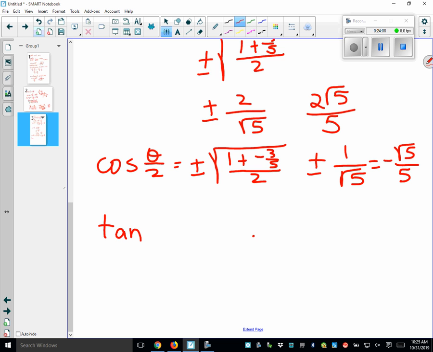So the theta of... Right? Good. What's tangent? Minus cosine over 1 plus cosine.